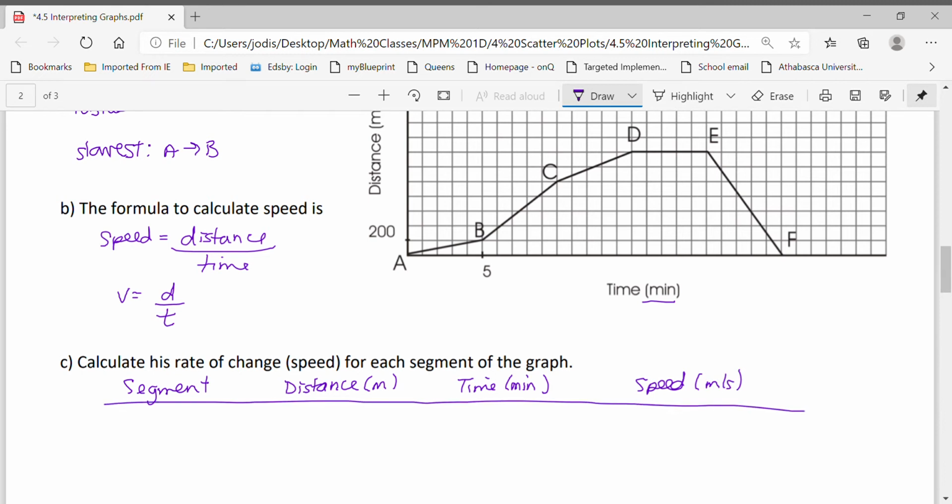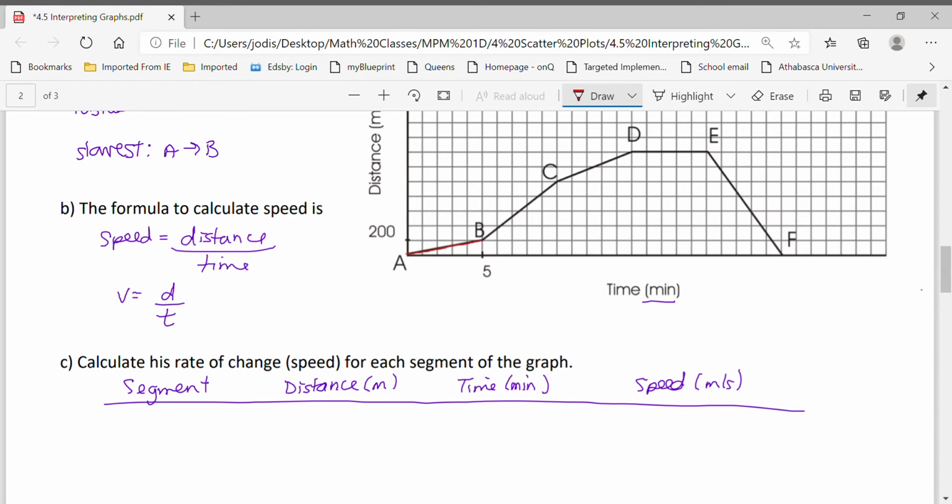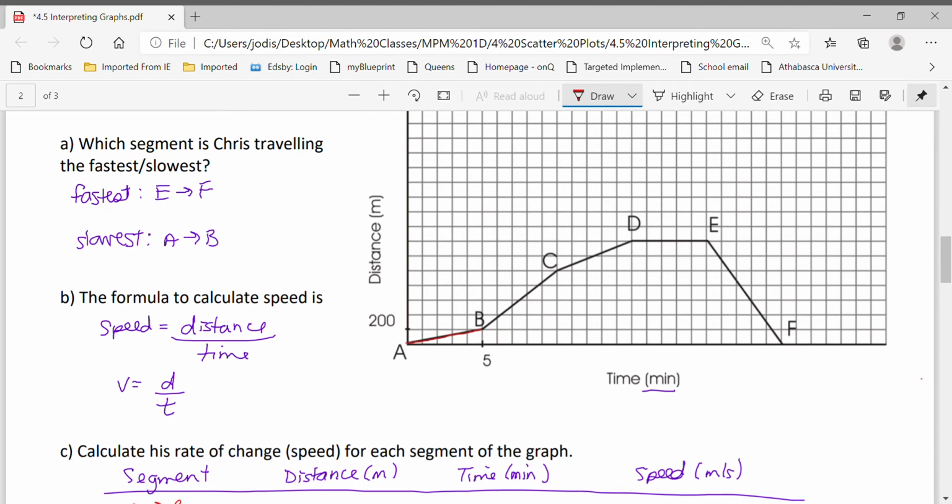Okay, so for segment A to B here, we want to look at how far he traveled. I might want to add in some more lines on my graph here, but in this case, we're assuming that this is 0 here.